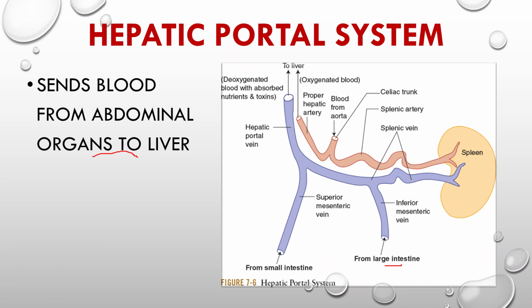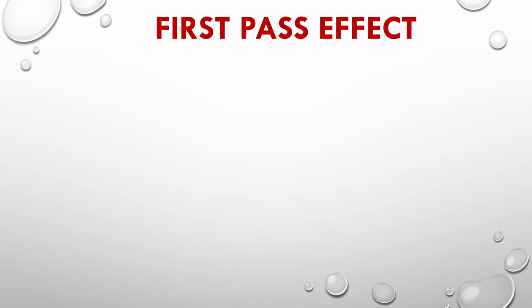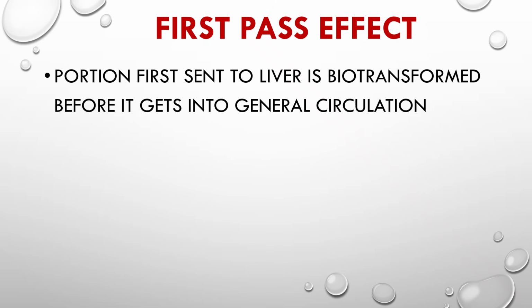metabolized right after it gets into the circulatory system before it ever gets to the brain or any other part of the body. That process is called the first pass effect. So that hepatic portal system is that portion that first gets sent to the liver and it's going to be biotransformed or metabolized before it ever gets to the general circulation. So that first pass, it's first going through the hepatic system, through the liver.